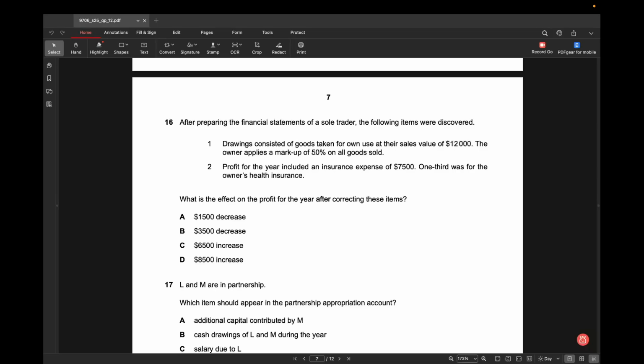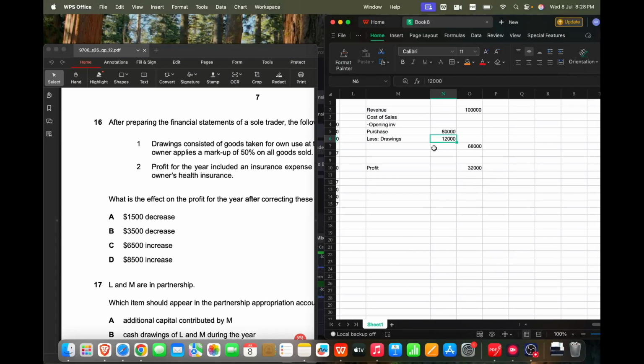So here let's calculate how much profit is included and what will be the cost. They give us sales of 12,000 and they give us the markup of 50%.